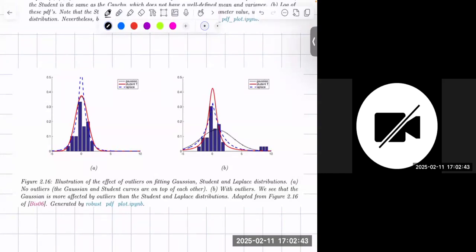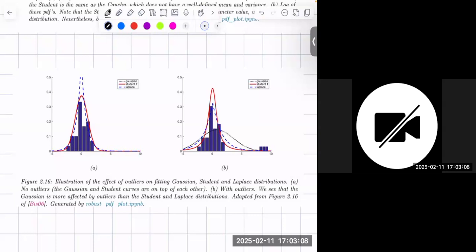So in here, they're fitting a distribution to data. You have Laplace, student T, and Gaussian. And in the first data, there are no outliers. It's cleaned up. And in the second data, there are outliers. And you are seeing the effect of outliers to the fit.